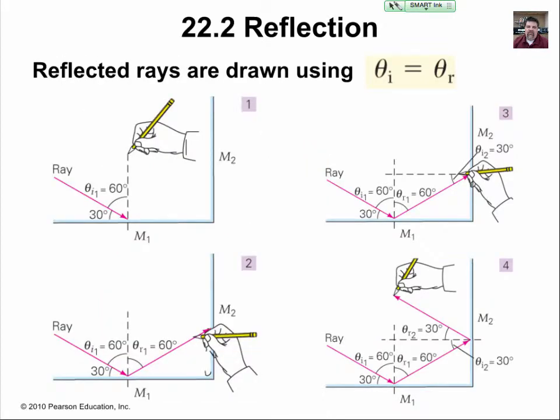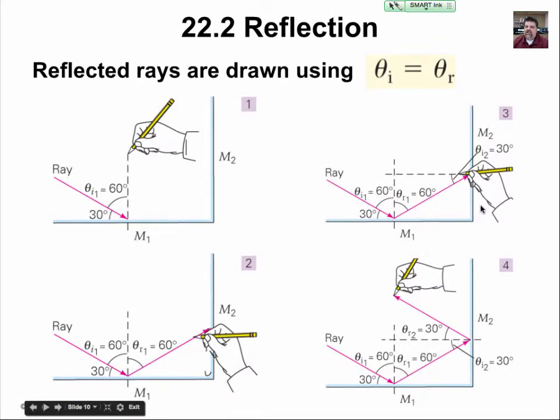We can reflect rays by drawing diagrams. Basically, if this is my surface here, m sub 1, and my ray comes in with an angle of incidence of 60 degrees, then I know that my angle of reflection is 60 degrees.